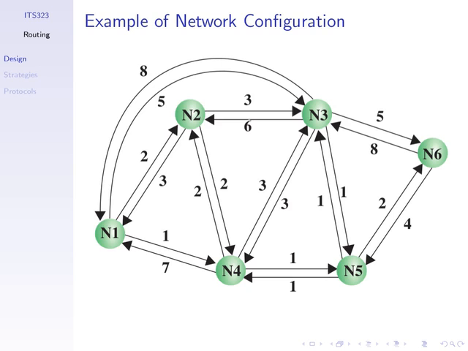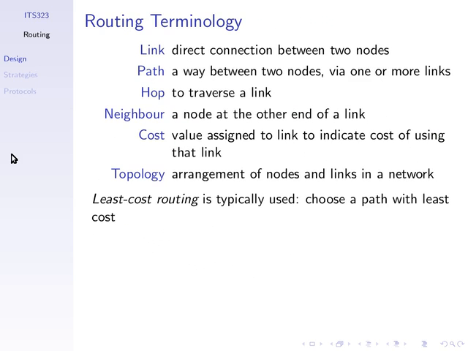If I remove this link, or this arrow, that would be a network with a different topology than the one with that arrow. If I remove this node, we have a different topology again. Just some terminology that we'll use when we talk about routing.